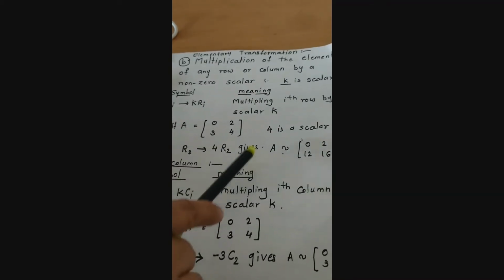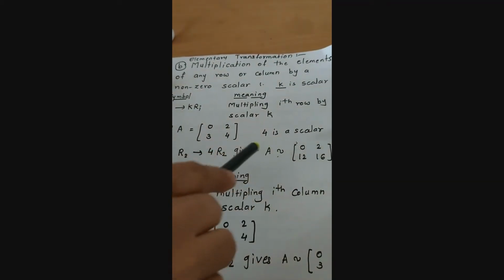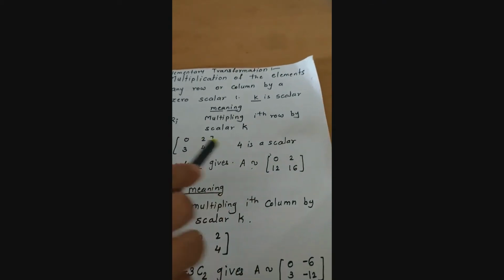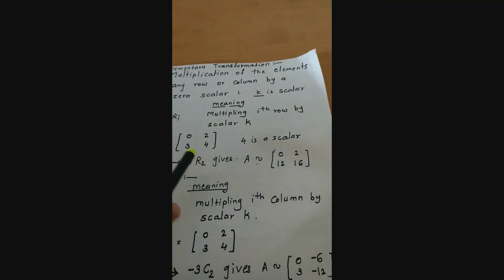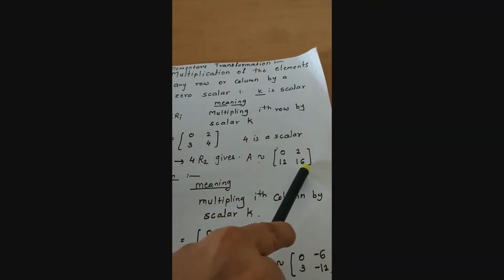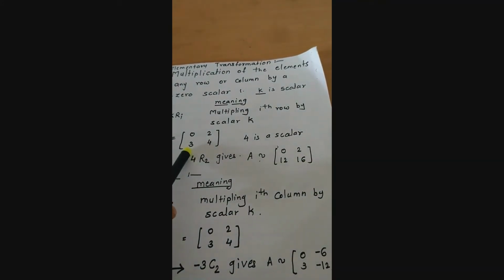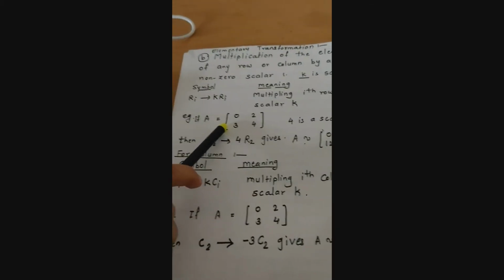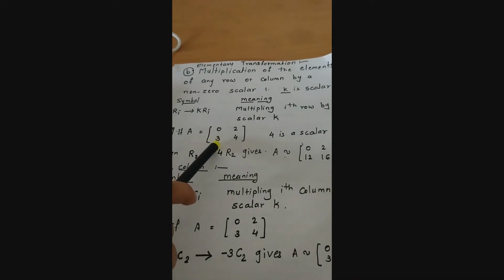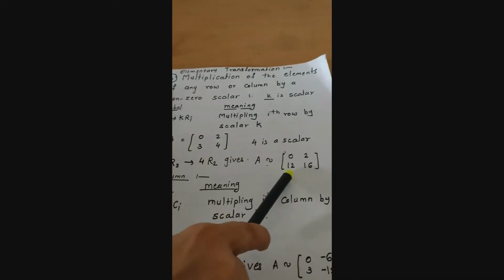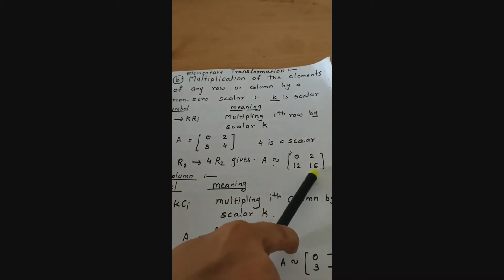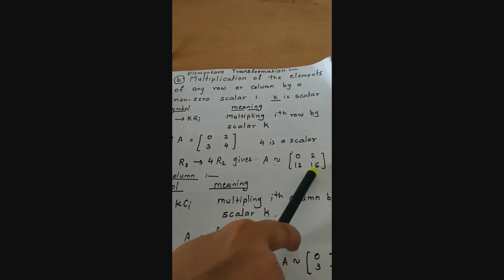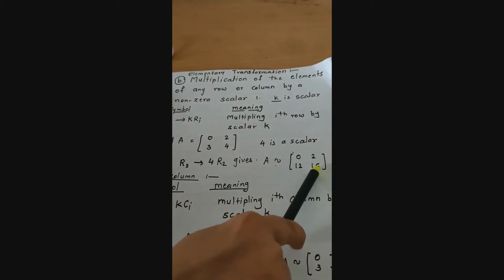Then we get a new matrix 0, 2, first row as it is, and the second row multiplied by 4 for every element. So we get 3 into 4 is equal to 12 and 4 into 4 is equal to 16. This is a new matrix. So A is equivalent to the new matrix.